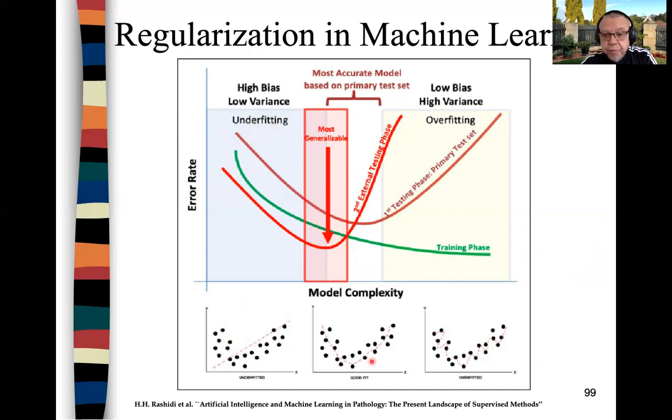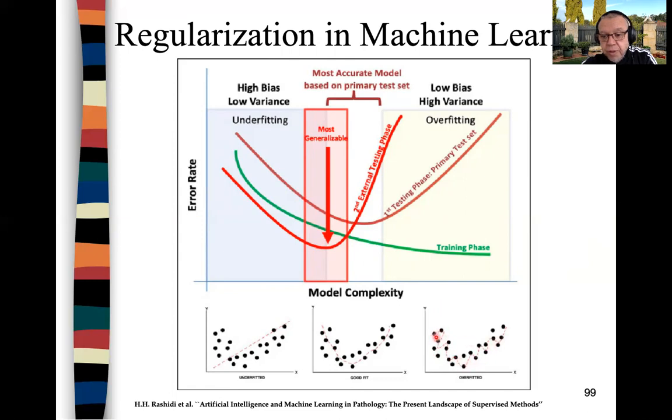And then if you increase the complexity of the model, in this case, because it's a polynomial, you increase the degree of the polynomial. You can see that in this case, you're fitting almost every point. So the system is memorizing more than it's generalizing.